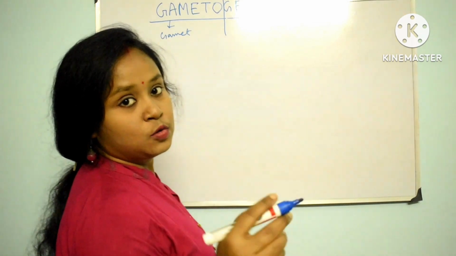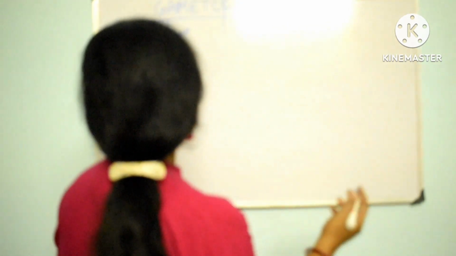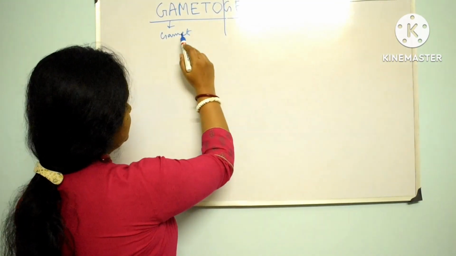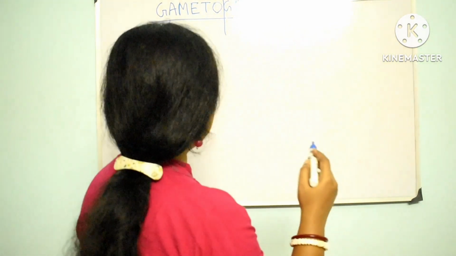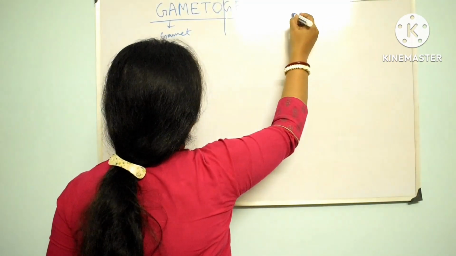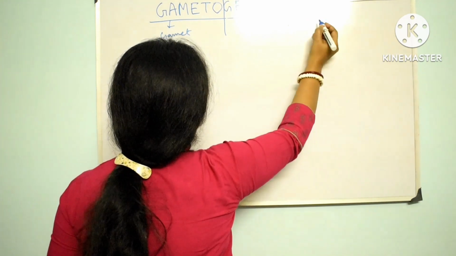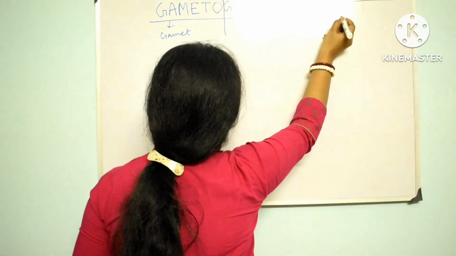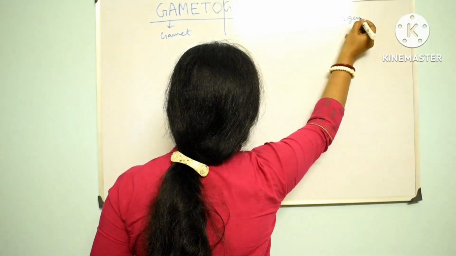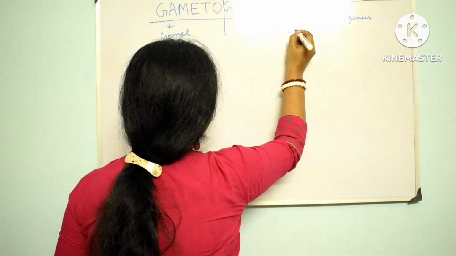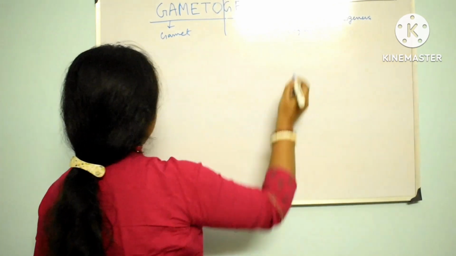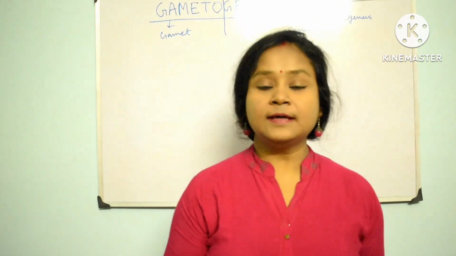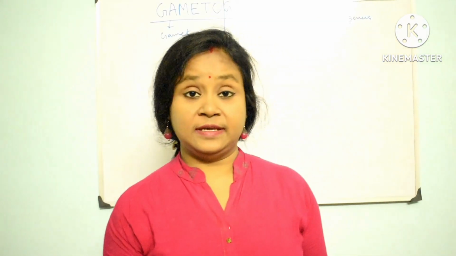Genesis means to make, to build something. So gametogenesis means formation of gametes. It has two types: spermatogenesis and oogenesis.